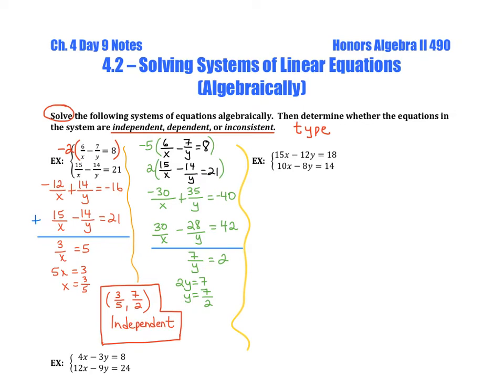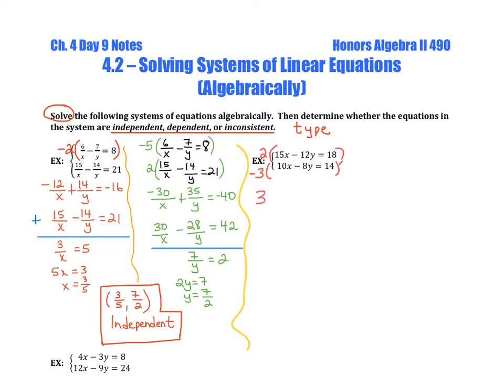All right, as we look at the next example, once again, I'm going to use elimination to solve this system because I don't have any coefficients, numbers in front of the variables, that are a positive 1 or a negative 1. So if I multiply the top equation by 2, let's say, and the bottom equation by negative 3, let's see what I get.